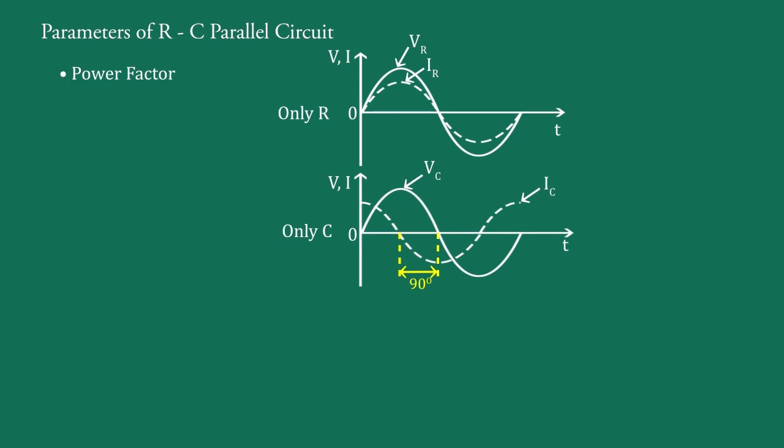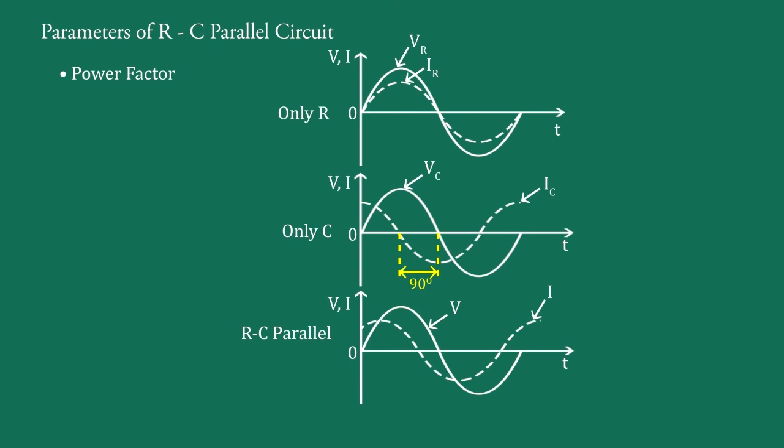And if alternating sinusoidal voltage is applied across a parallel connection of resistor and capacitor, then the voltage lags the current by some angle theta, and it is 0 less than theta less than 90.